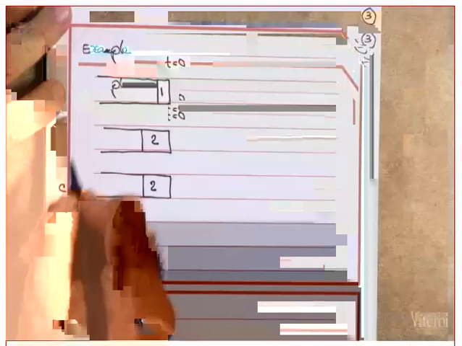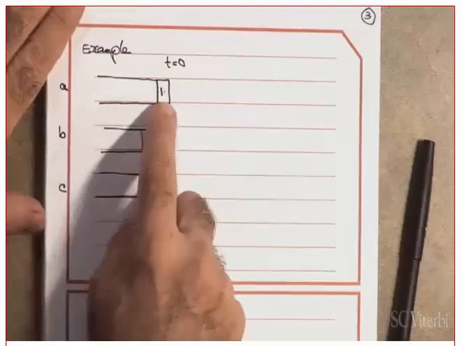So this one is 0 plus 1. And F B1 is 0 plus 2. And F C1 is 0 plus 2. That's equal to 1, that's equal to 2, that's equal to 2. That is so far. Yes? Now, can I calculate this or not yet? This I cannot calculate. Why?